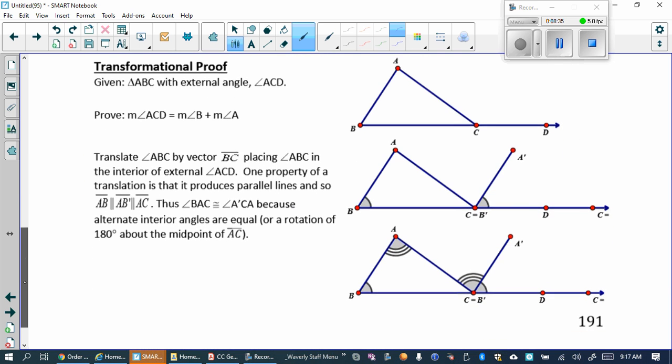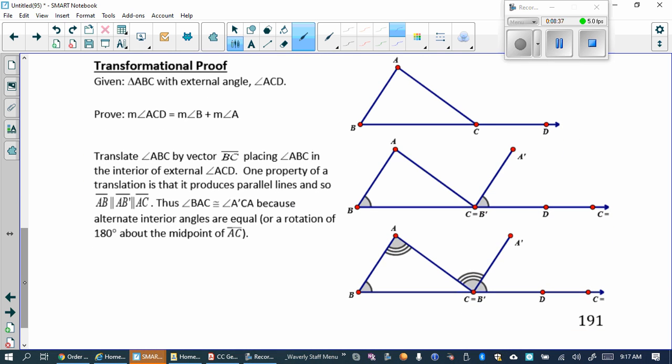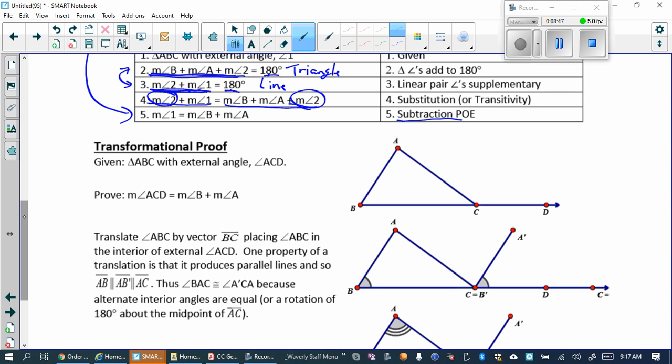Let's look at a transformational proof, okay? So we're going to talk about translations, right? Well, after a translation, all corresponding sides are what? Congruent, and parallel. Translation.